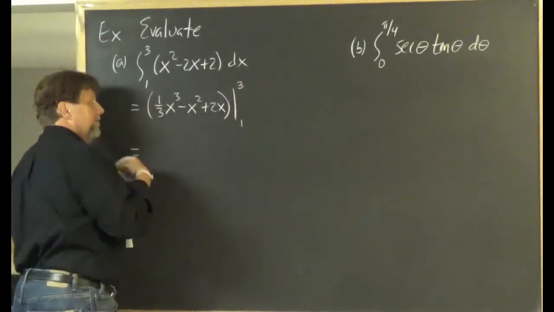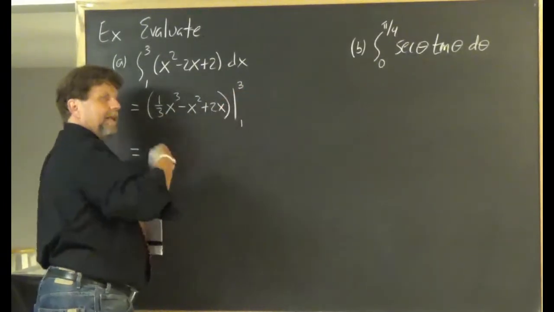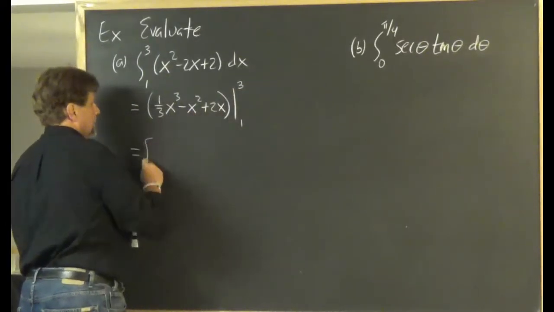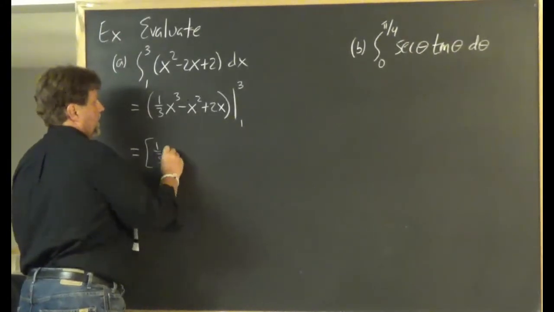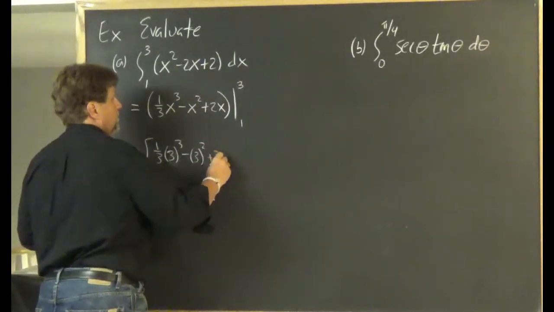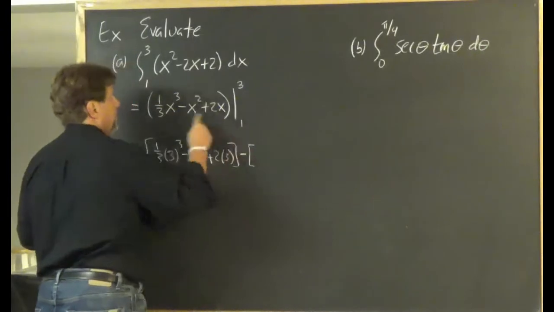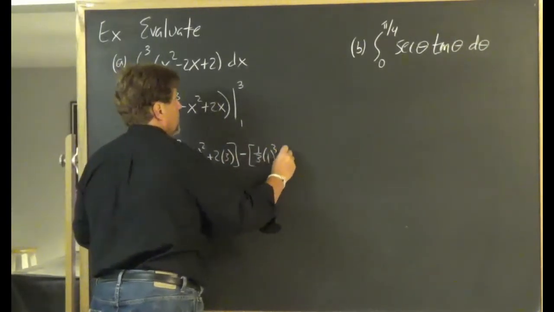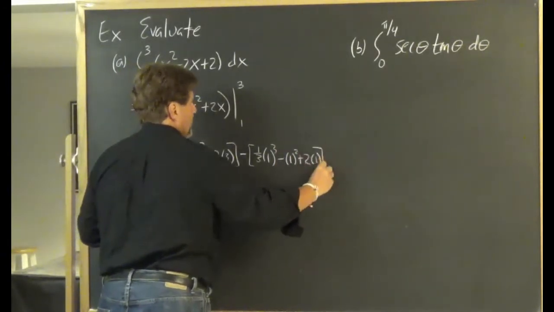The fundamental theorem of calculus says you evaluate the antiderivative at the upper limit, that's the F of b. So I put 3 in for the x's. That's 1/3 times 3 cubed minus 3 squared plus 2 times 3, minus, now I put the 1 in, 1/3 times 1 cubed minus 1 squared plus 2 times 1.